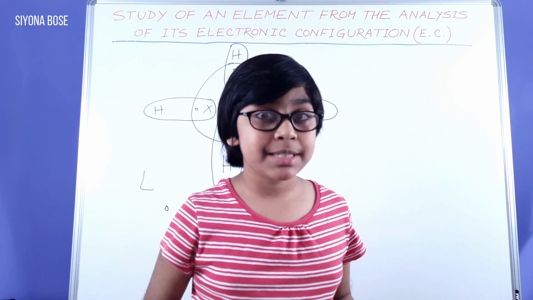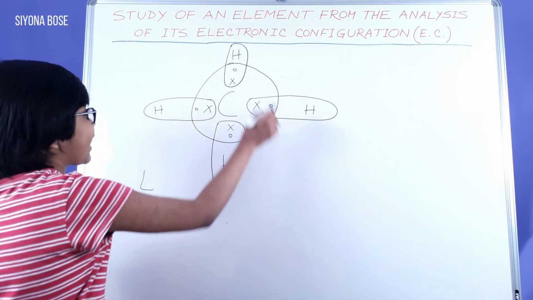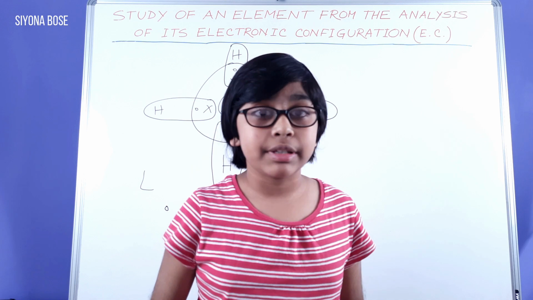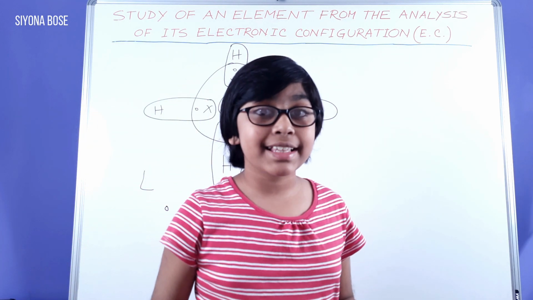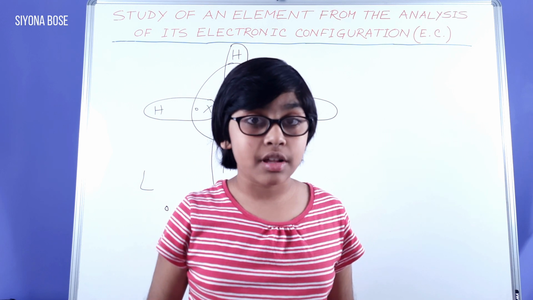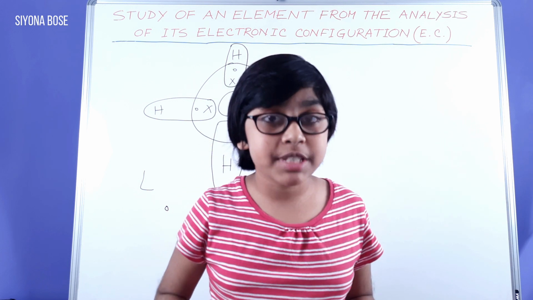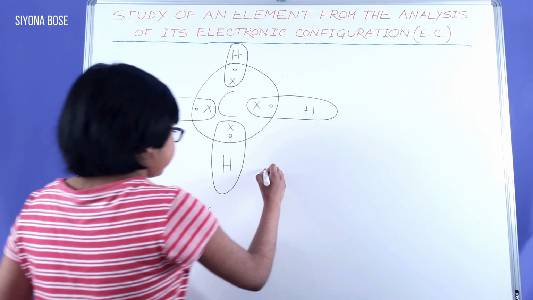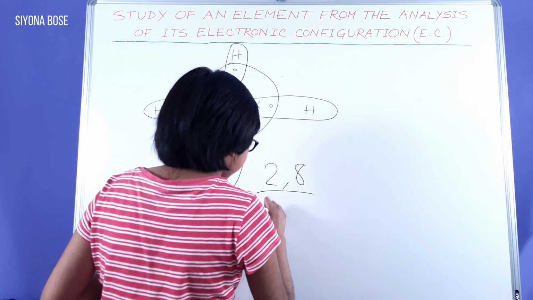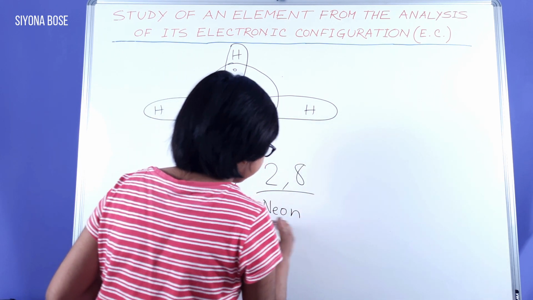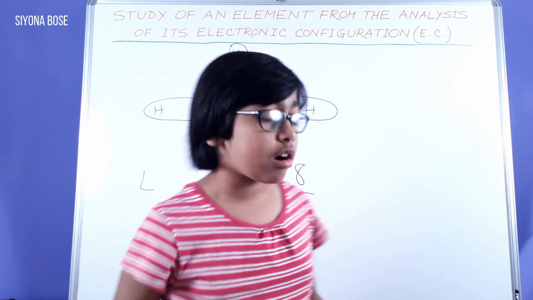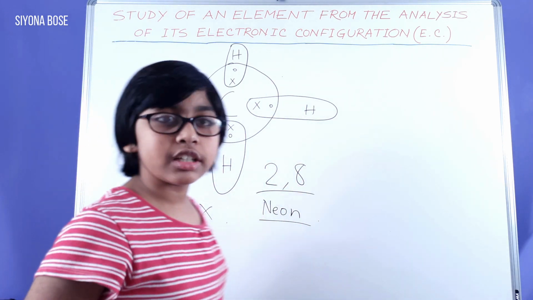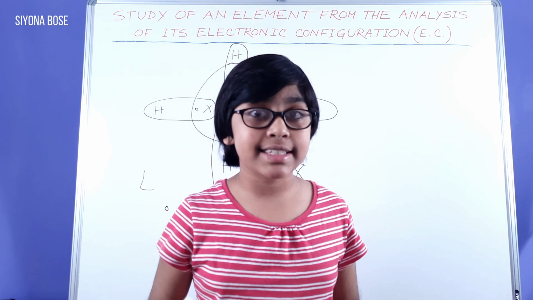Now, I'm trying to explain here that hydrogen has been covalently bonded with carbon. By sharing electrons, carbon is able to obtain this octet configuration of neon.